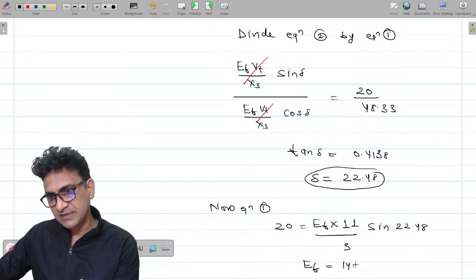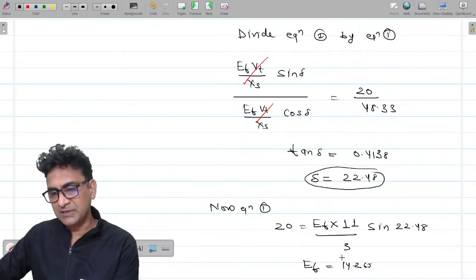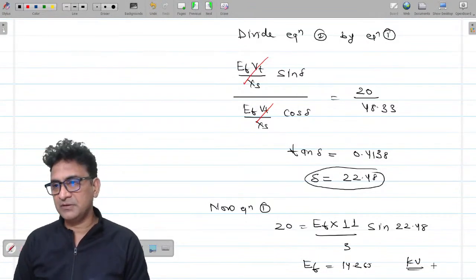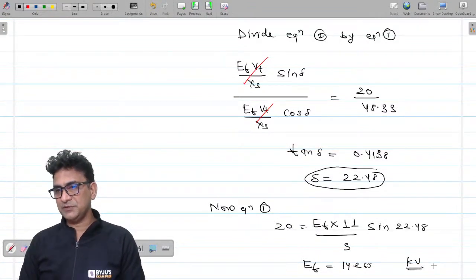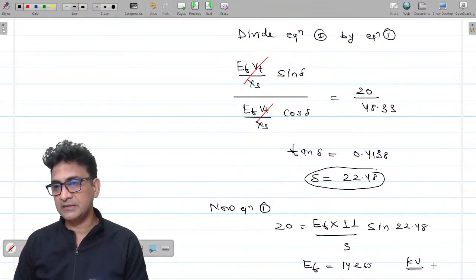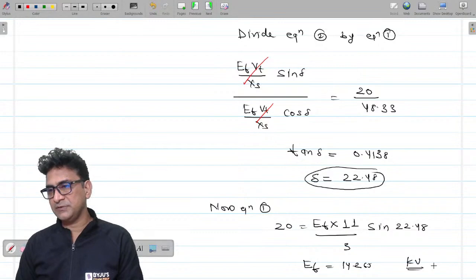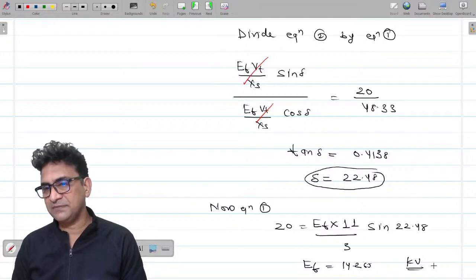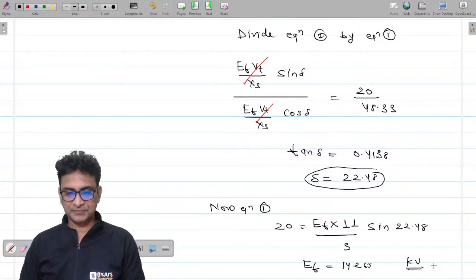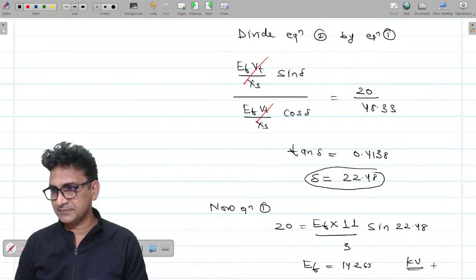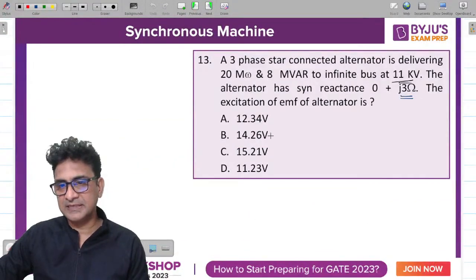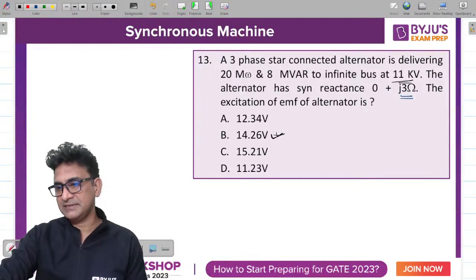It is always the line voltage because I am using all the formulas on a three-phase basis. This formula is applicable on per-phase quantities as well as line quantities. If you use the line quantity, you get the three-phase power. If you use the phase quantity, you will get the single-phase power. So 14.265 would be the right answer. Clear? So what is the correct answer? B was the correct answer.